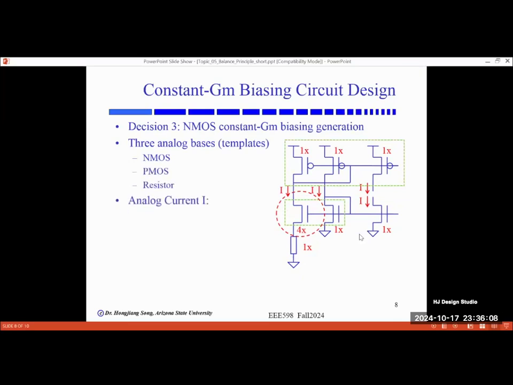The current in that circuitry can be derived as inversely proportional to beta n, the drive capability or drive strength of NMOS, and R squared. So such circuitry can be said to be independent or almost independent of power supply across PVT corner. Also, this circuitry can be converted into a P-type circuitry for PMOS in the actual design.